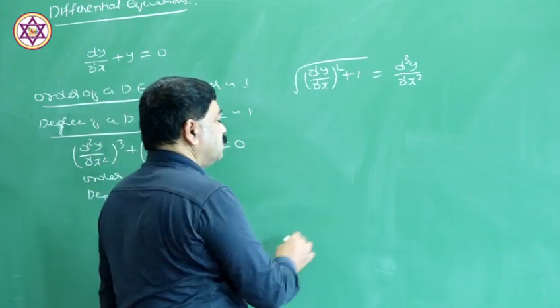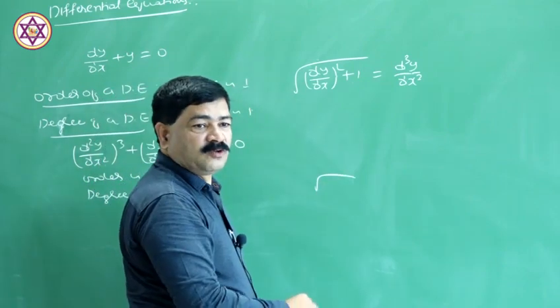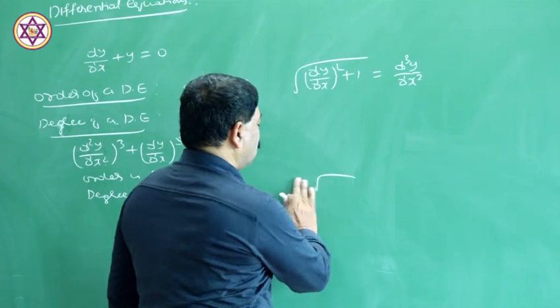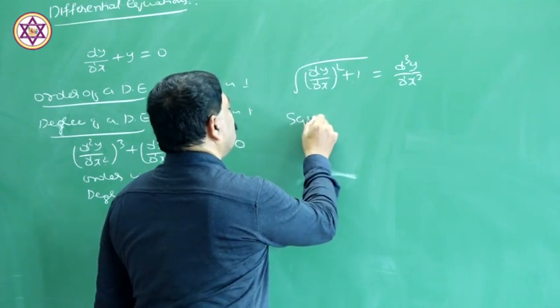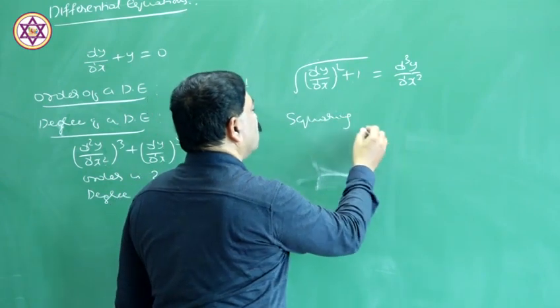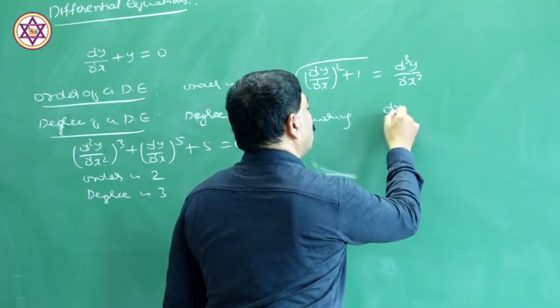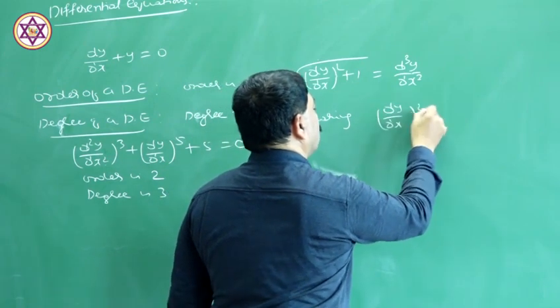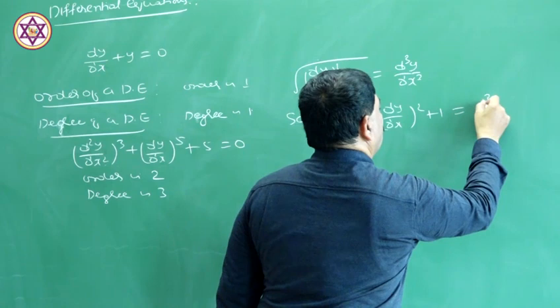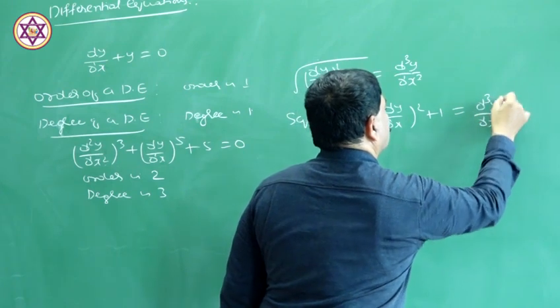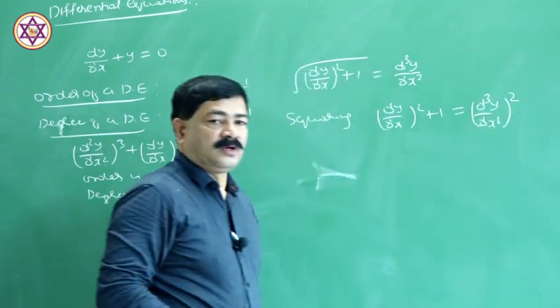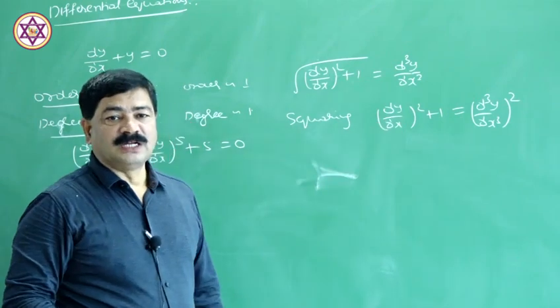Here there is a radical sign. Radical sign means root sign. First we have to eliminate the radical sign, so I am squaring on both sides. Therefore, dy by dx whole square plus 1 is equal to d cube y by dx cube whole square. This equation is free from radical sign.